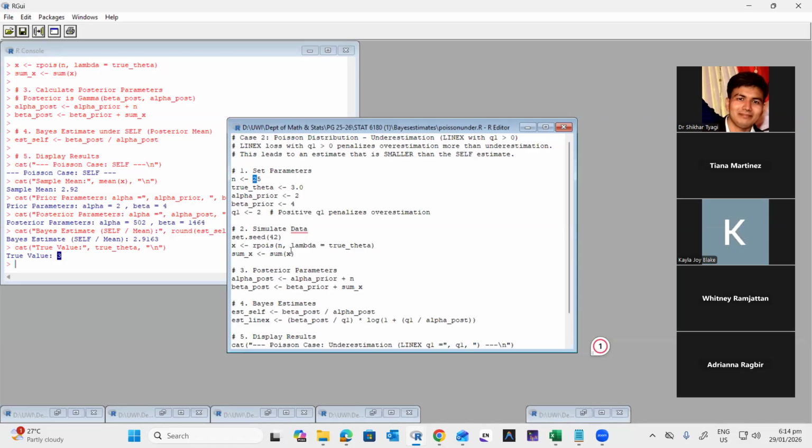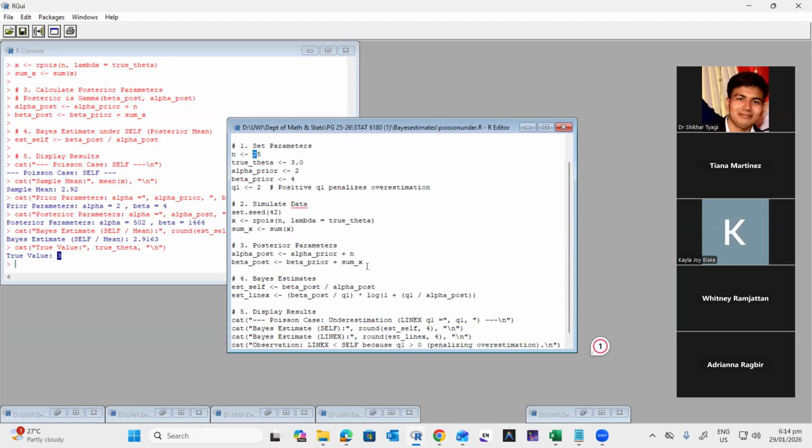All right. So here again we are going to generate the samples from the Poisson distribution, and up to the posterior parameters it will remain the same. The Bayes estimate under the SELF is beta post divided by alpha post, that will remain the same.